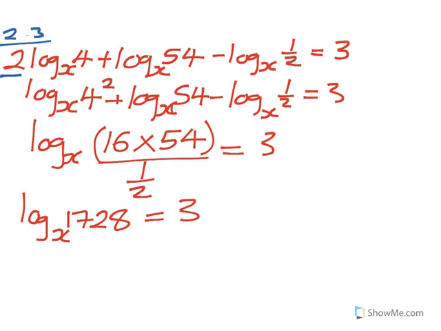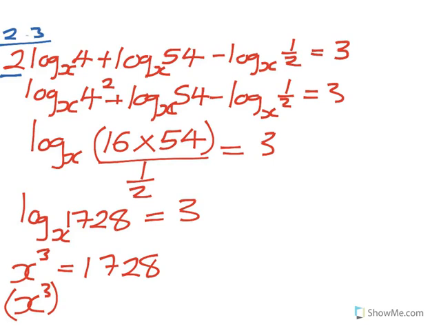Now when I'm done that, still using the laws of logarithms, it says x to the power of 3 is equal to 1728. Now how do I find my final answer? It will be x to the power of 3, I multiply times the power 1 over 3 is equal to 1728.